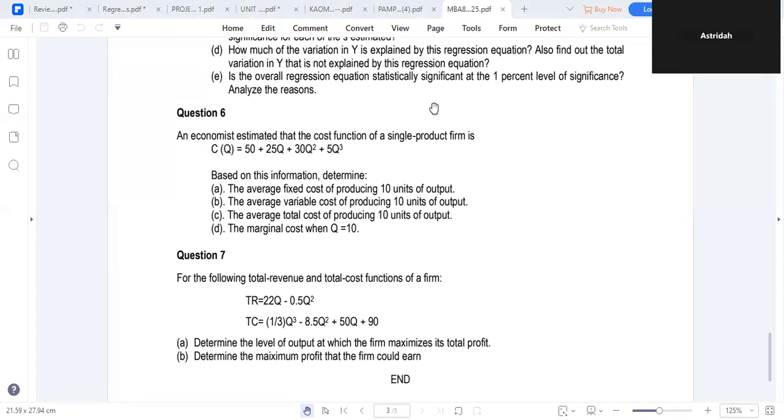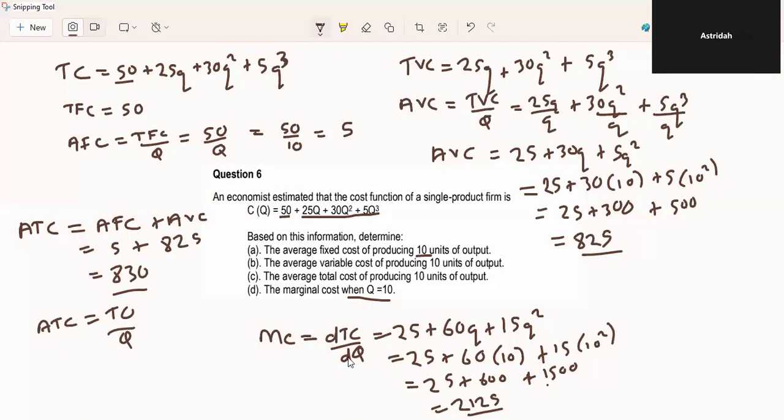Mr. Collins, I want to ask a question. Yes. Our formula was MC equals change in total cost over change in quantity. So why aren't we dividing the answer by change in quantity? We're not dividing because it's a differential.